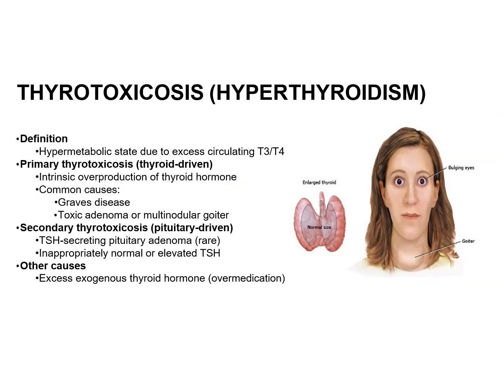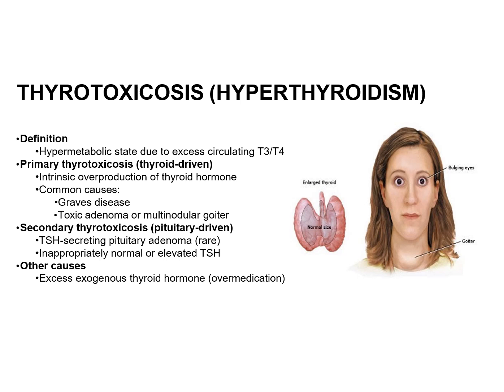Thyroid toxicosis refers to the clinical state caused by excess circulating thyroid hormone, regardless of the source. The most common form is primary thyroid toxicosis, where the thyroid gland itself is overproducing hormone. Classic causes include Graves' disease and toxic adenomas or multinodular goiters. Less commonly, thyroid toxicosis can be secondary, caused by a TSH secreting pituitary adenoma.